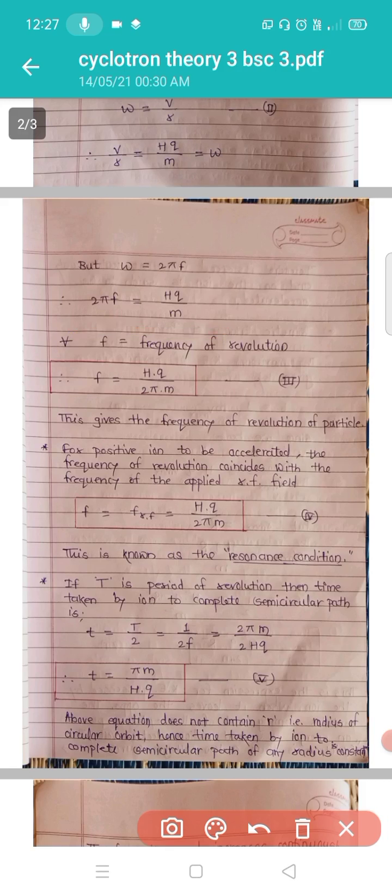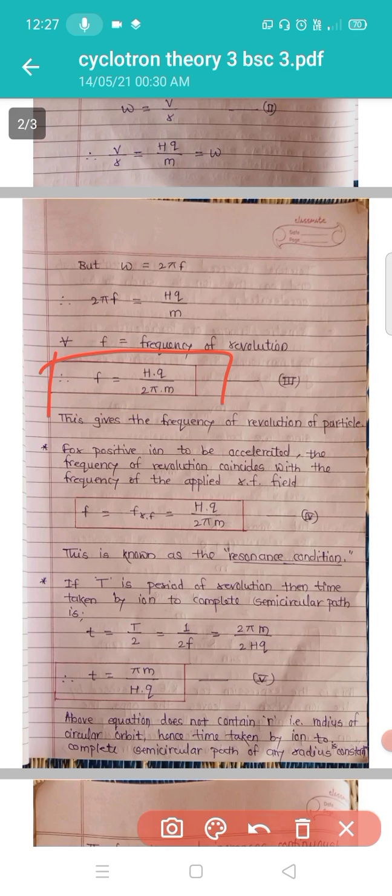Rearranging for f, the frequency of revolution, we get f is equal to Hq upon 2 pi m. This gives the frequency of revolution of the particle.